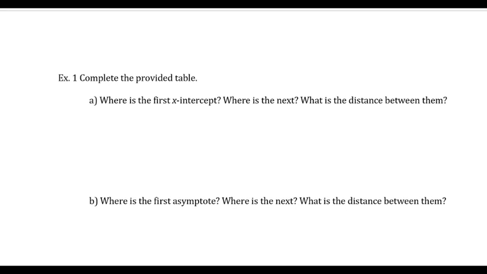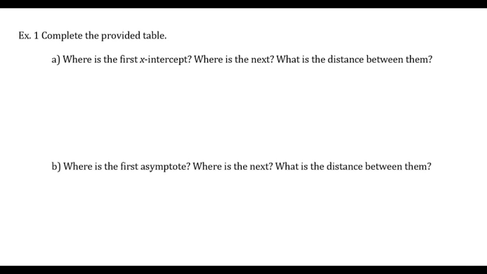I think this is supposed to be for tangent. Where is the first x-intercept of tangent? Where's the next one? Before you answer that question, when does an x-intercept happen for tangent?